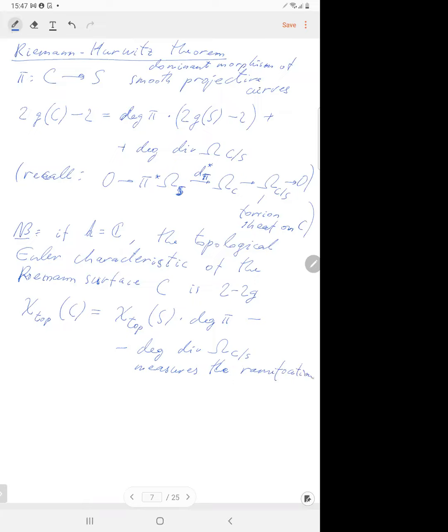Okay, and probably you all heard about this Riemann-Hurwitz theorem, and you know its topological proof via triangulations. Yeah, but it's very important that you can prove this theorem in an absolutely different world.